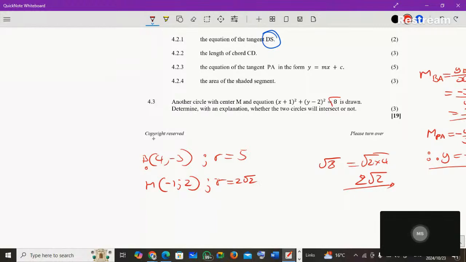Then from here, what do we want? The distance BM.